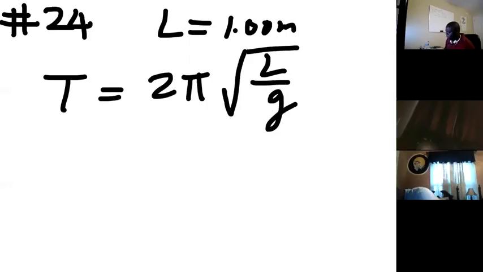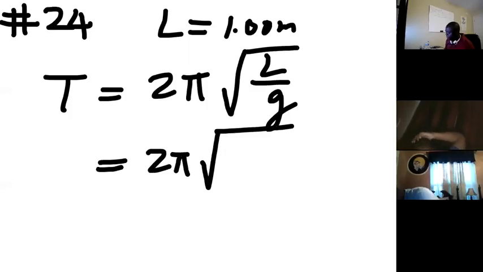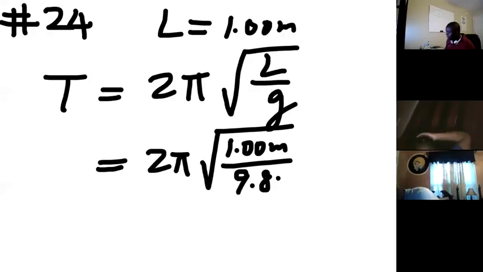So the period will be 2 pi square root of, what is L? 1.00 meter. What is G? 9.8 meters per second squared. If you simplify this, you will get 2.01 seconds.